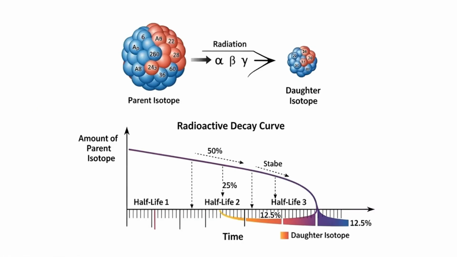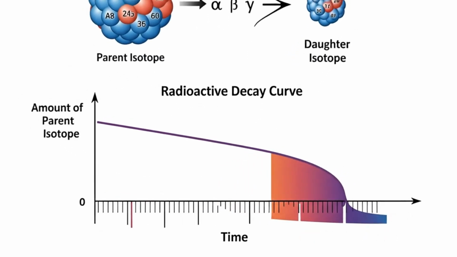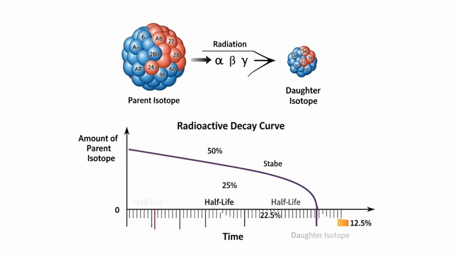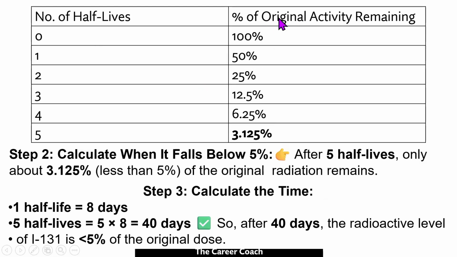Study it very well. For every half-life, the amount divides by half. So if it was initially 100%, when the half-life count was 0, it will be 100% because it has not divided in half.